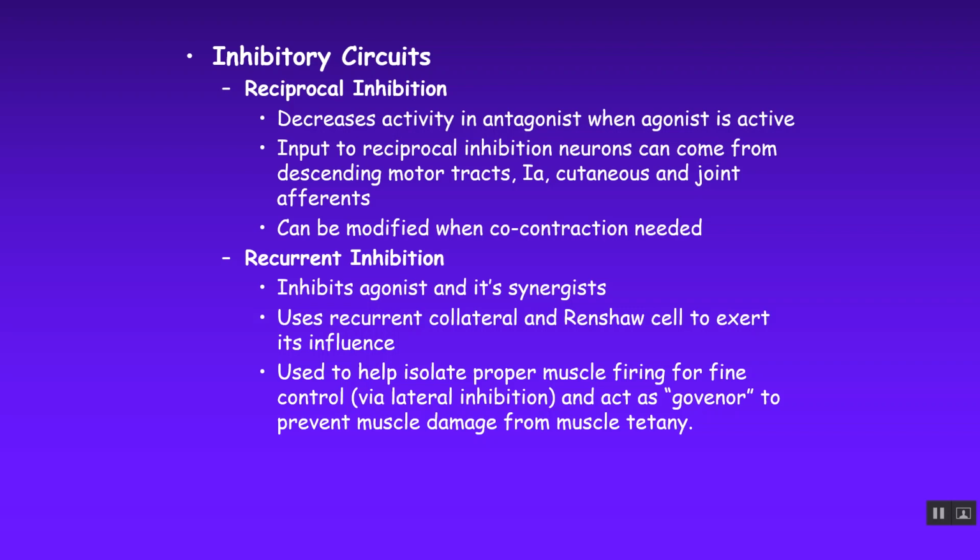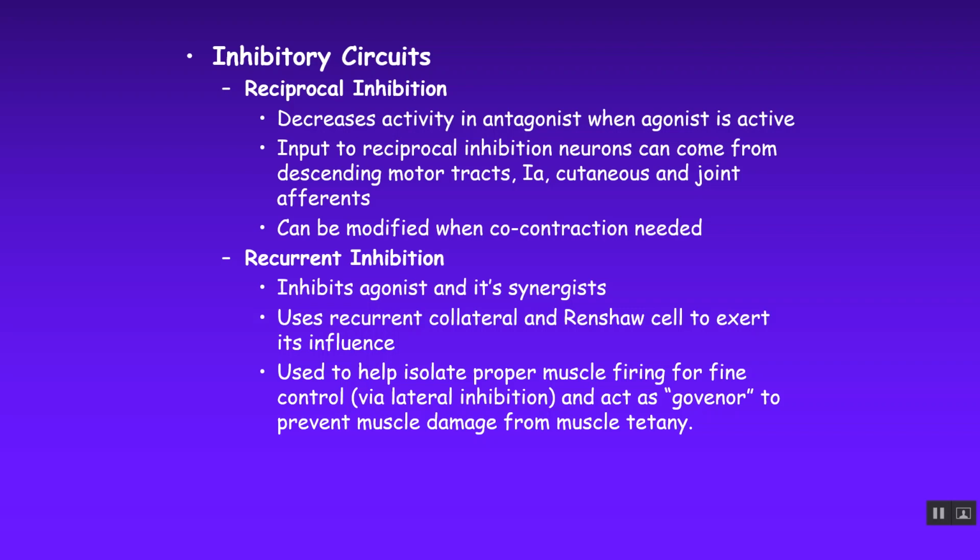Recurrent inhibition is sometimes a little hard to wrap your head around. This is inhibitory to the agonist. So the muscle that's actually working, there are circuits within muscles that inhibit themselves. The reason is you sometimes need to modulate your muscle activity so there's not too much of it.